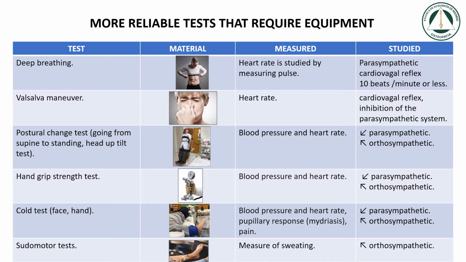Blood pressure, heart rate and pupillary response, mydriasis, are measured, as well as pain response. It reveals any inhibition of the parasympathetic system, or an overactive orthosympathetic system. Pseudomotor tests. In pseudomotor tests, sweating is measured to show orthosympathetic hyperactivity.